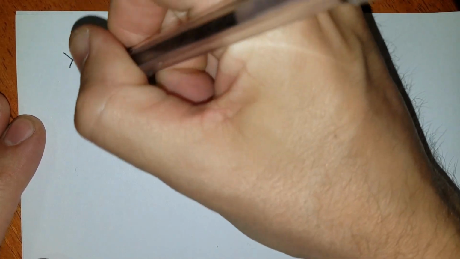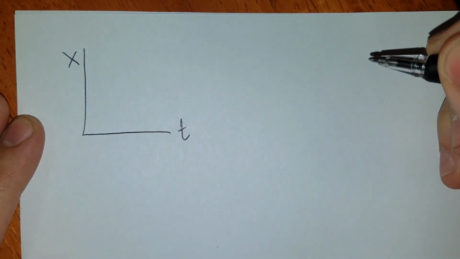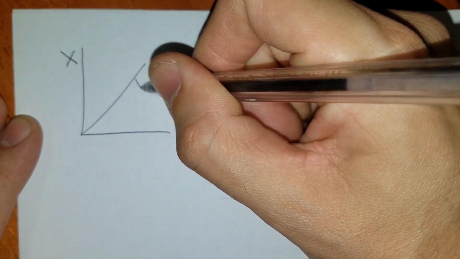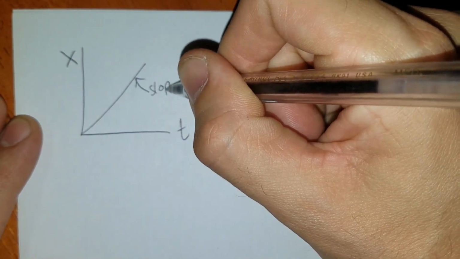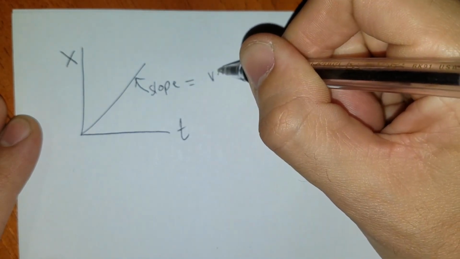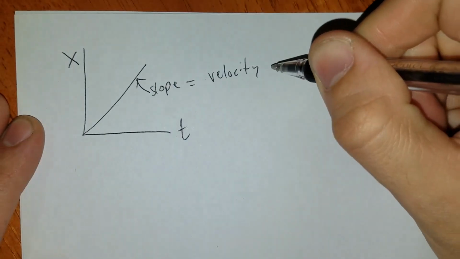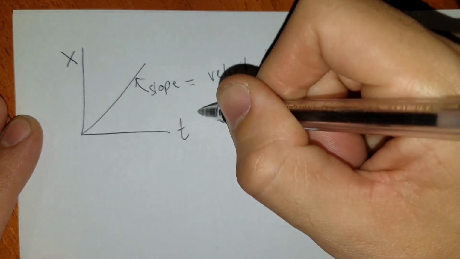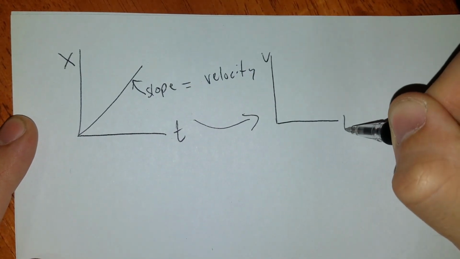We've already talked about how we have position versus time graphs, and we said that the slope here equals velocity, and we can make a velocity time graph, go from this graph to this graph, right?